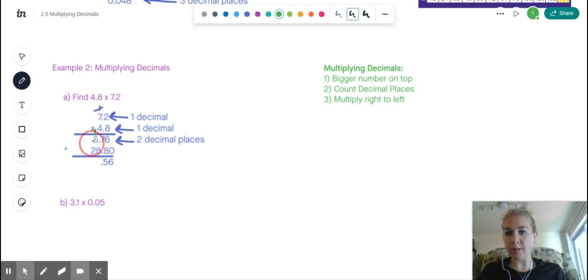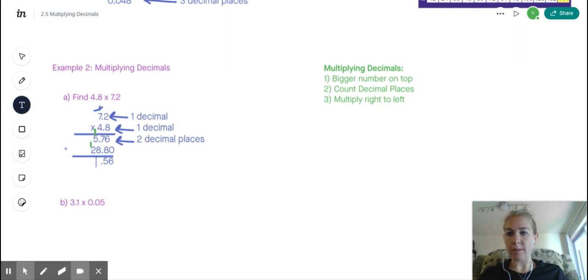I'm going to carry my 1, and my 4 goes down below. And then 2 plus 1 is 3. So our answer is 34.56. Notice we have 2 decimal places, and we know we have 2 because there is 1 decimal place in our first number, 7.2, and 1 decimal place in our second number, 4.8.